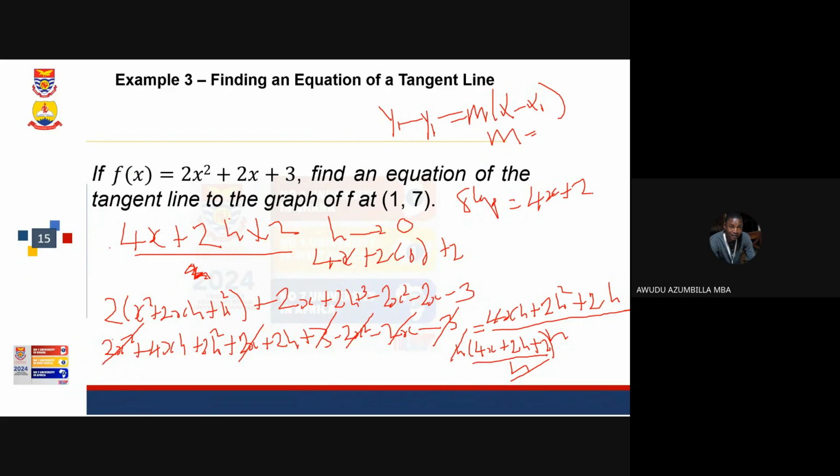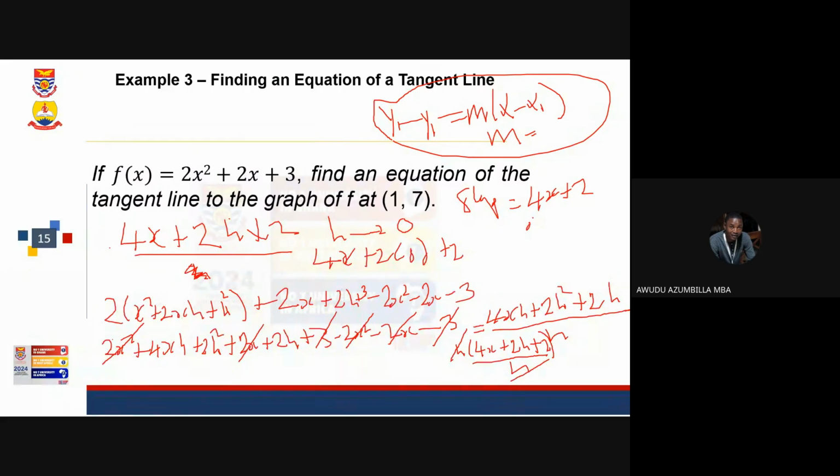4x plus 2. Remember, we are going to find the equation of the straight line. Don't forget this one. But they have given us the value of x and y. So when you find the slope to be 4x plus 2, it means that we can substitute the value of x there, then we can get the slope.